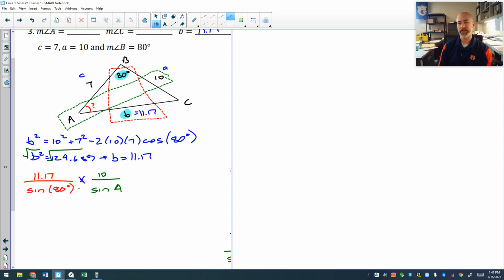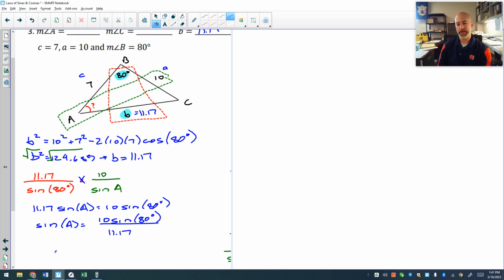So I'll cross multiply here, and I'll have 11.17 times the sine of angle A is equal to 10 times the sine of 80 degrees. We'll divide by 11.17. The sine of A is 10 sine of 80 degrees divided by 11.17.